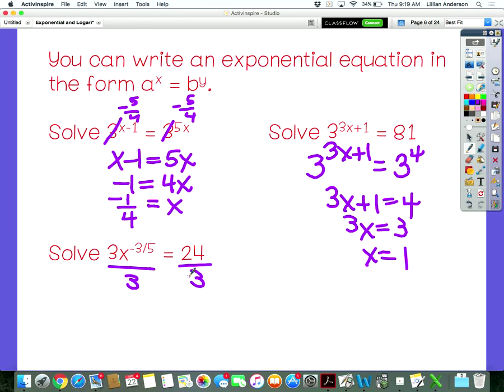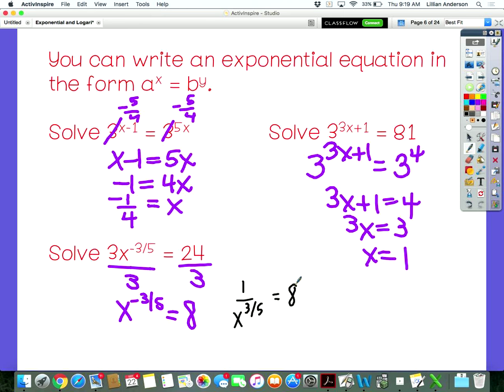Remember, the number one rule when you're solving equations is you want to get the variable by itself. So since it's being multiplied by 3, you divide by 3, which is 8. And now that we just have our variable with our exponent on the left side, how do I get rid of my exponent? We can use our negative rule, meaning we flip it, make it positive.